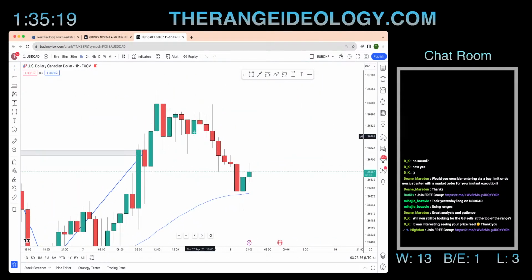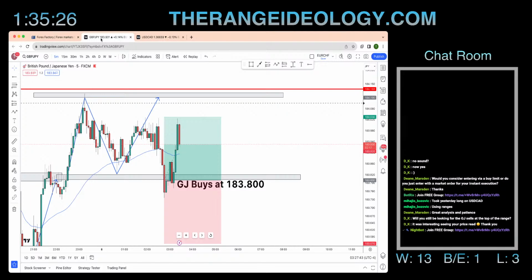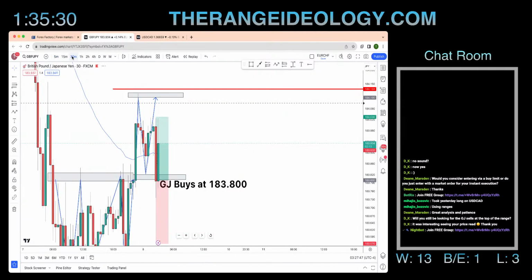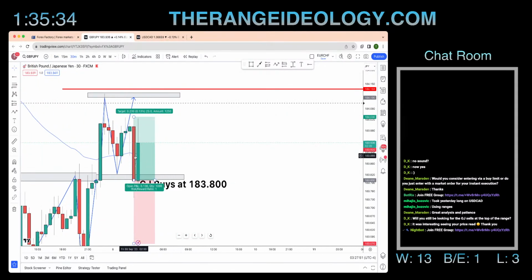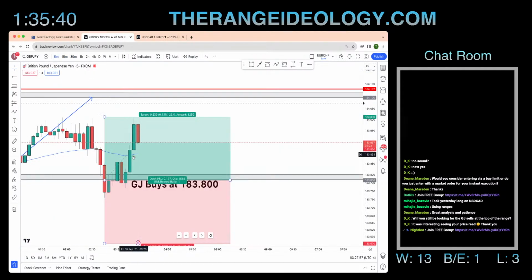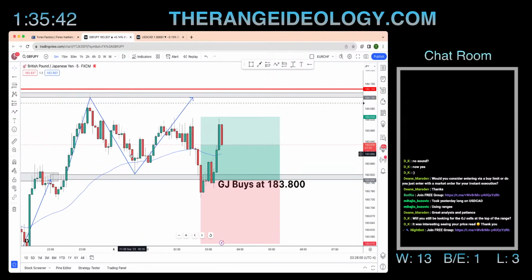But right now it's still battling to be in a range or in a larger range, and nothing major. Okay, you can see GJ come right back down. Now will it close below the EMA for the 30 minute here, or will price come back up and spike to the top?